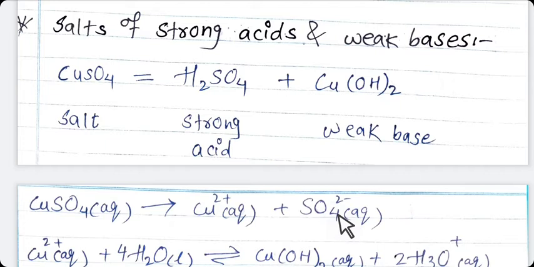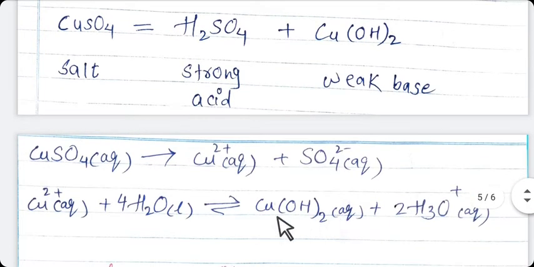So the reaction of Cu2 plus ion with OH minus ion forms unionized Cu(OH)2, which we can understand by this reaction. Cu2 plus when reacting with water gives Cu(OH)2 plus 2H3O plus ion. Due to the presence of excess H3O plus ion, the resulting solution of copper sulfate becomes acidic and turns blue litmus red.